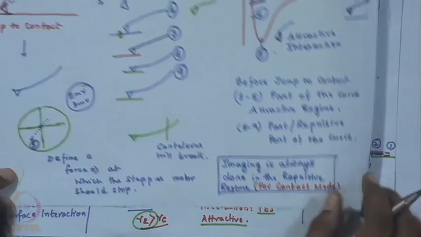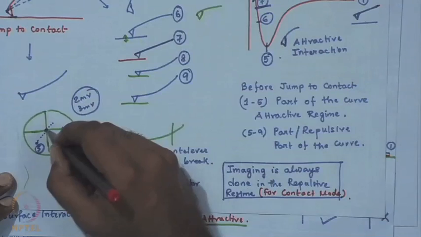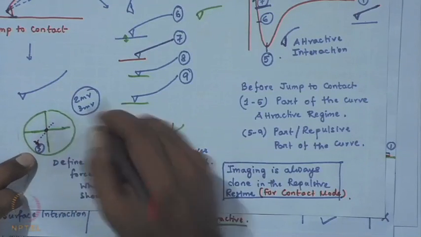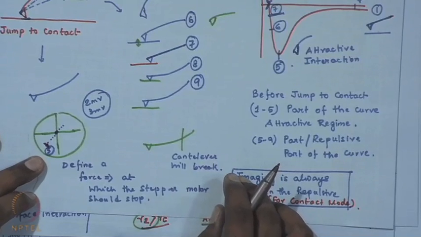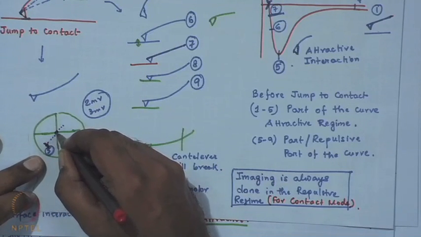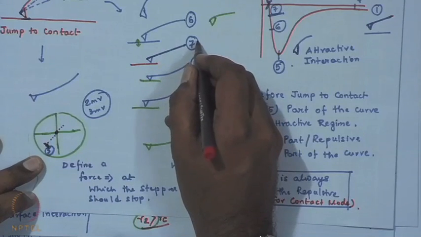Okay. So, again we repeat from 1 due to the attraction, it goes all the way up to 5, which corresponds to the jump in contact. Then beyond jump in contact, again it traverses back this path, crosses 0 again at 7.